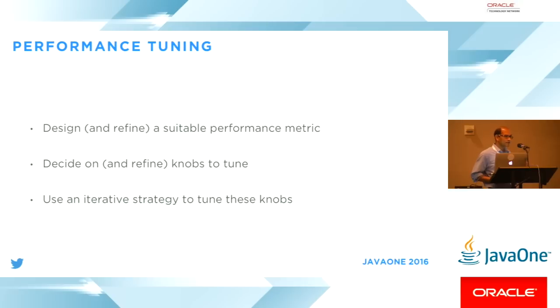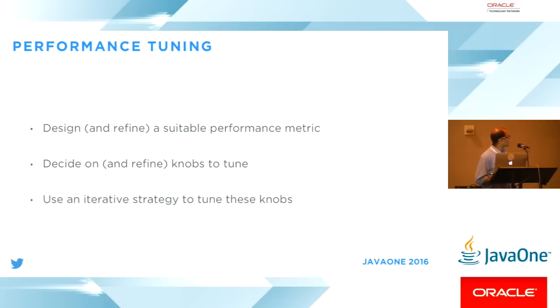He might start an experiment, and in the course of doing that, he might realize that the performance metric he's defined doesn't capture all of his requirements. So there's a process of refining that performance metric until you find the right one that captures all of the performance envelope that you're trying to capture.